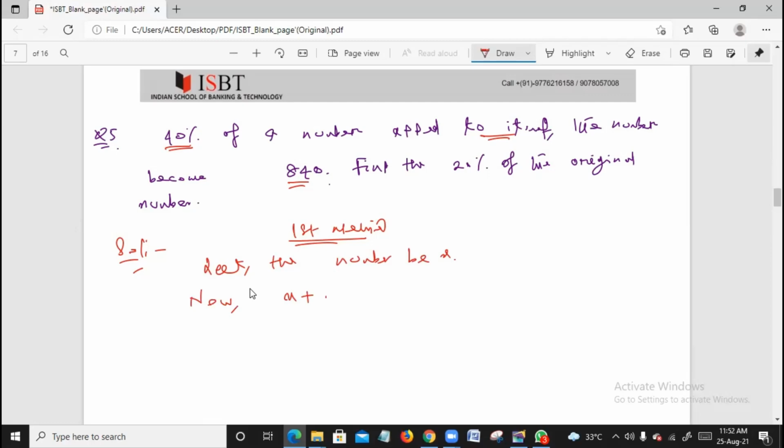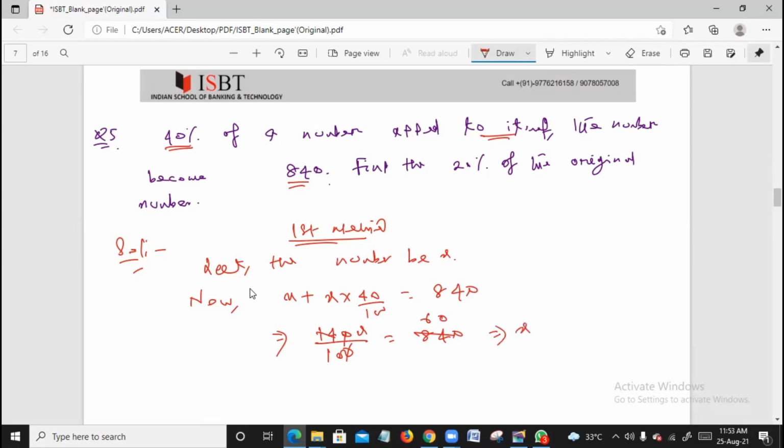Now x plus x का 40% कितना हुआ? 840. Then 140x by 100 is equal to 840. So this is cancelled. Okay.